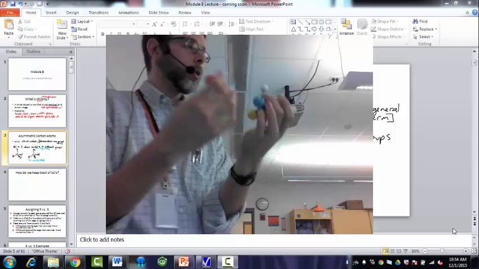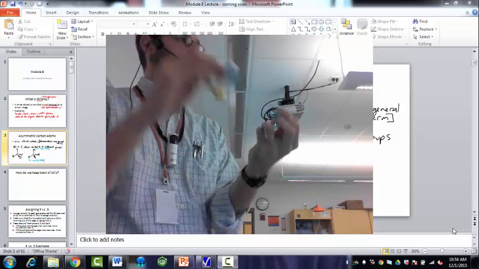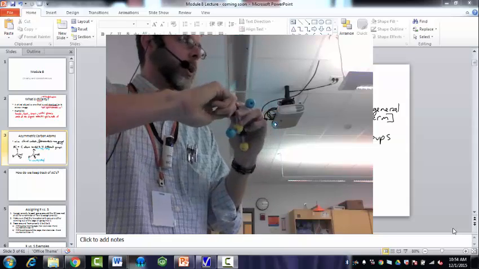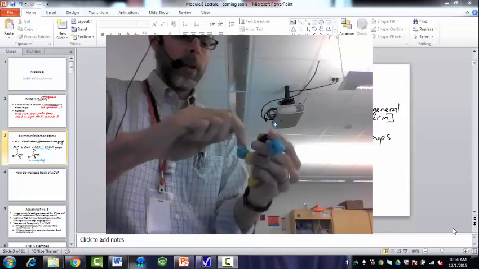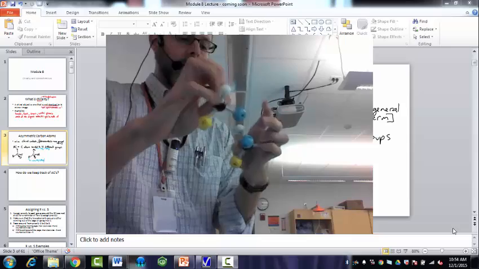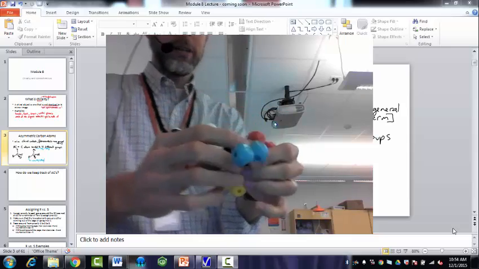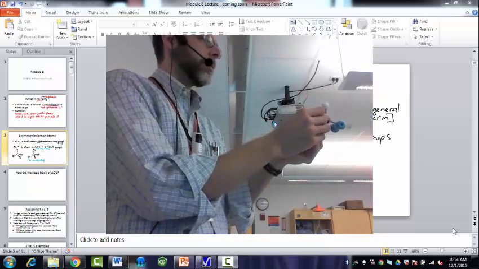Now, if you found that you could superimpose the two that you built, what I want you to do is take one of them and switch any two of the groups. If I take mine and switch two groups, then what I find is now they are superimposable. I can line all four up now.